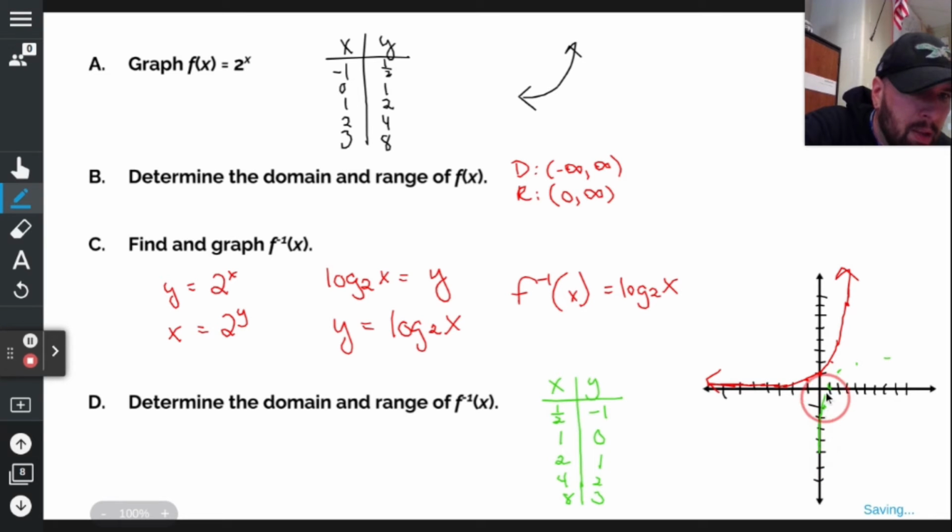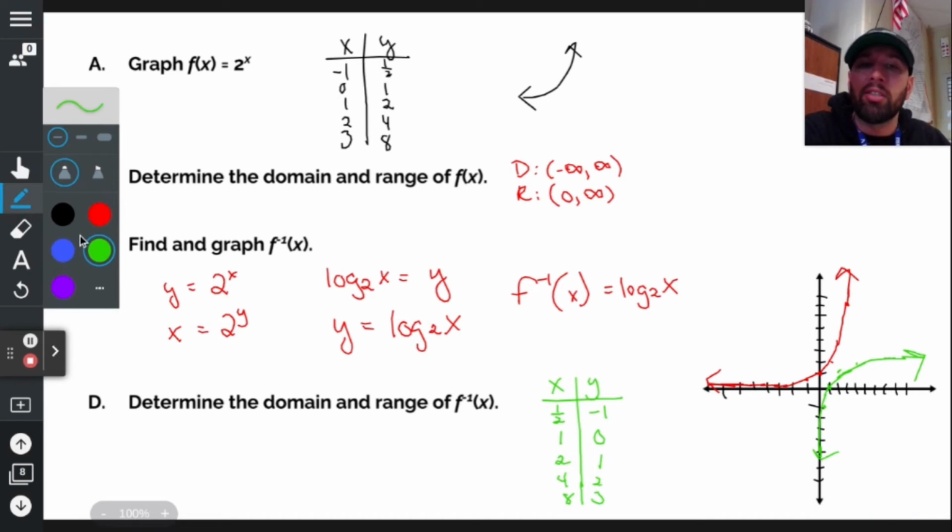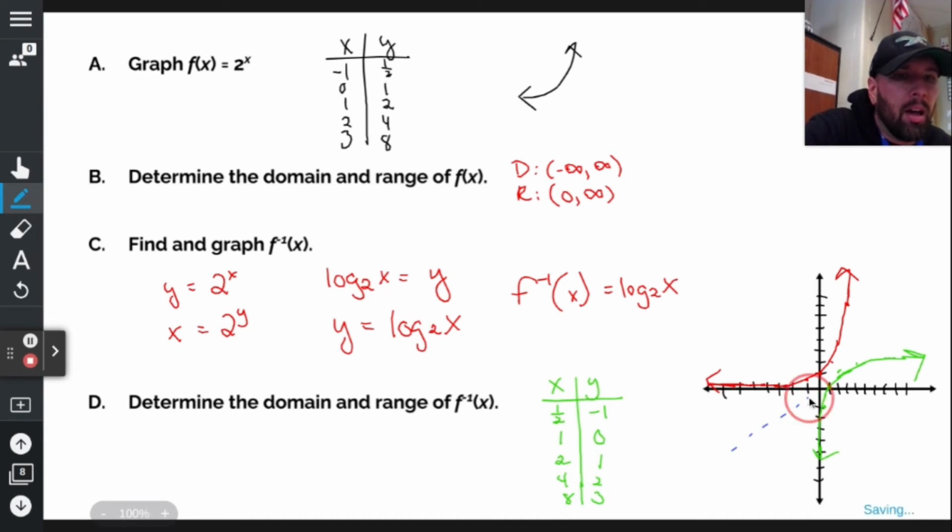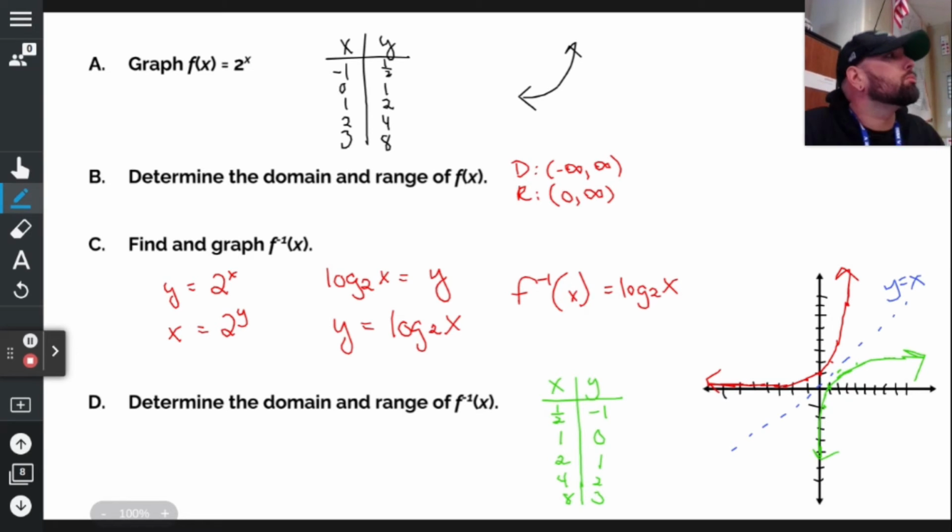And then that curls up. And what you can see is that this is a mirror image over the line y equals x. Okay? So, yeah, kind of nice how everything just works out, isn't it? Kind of nice.